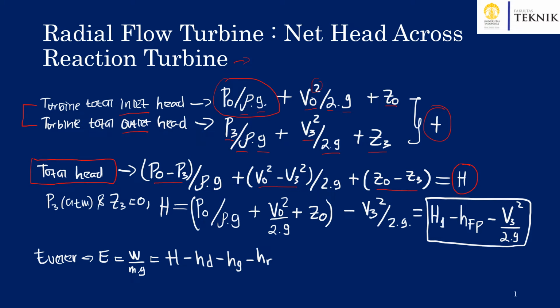To further analyze the equations, we assume that the area at the outlet of the turbine is in atmospheric condition, therefore P3 has the value of atmospheric pressure, and as the elevation at the outlet is already equal to the datum line, Z3 will be 0.